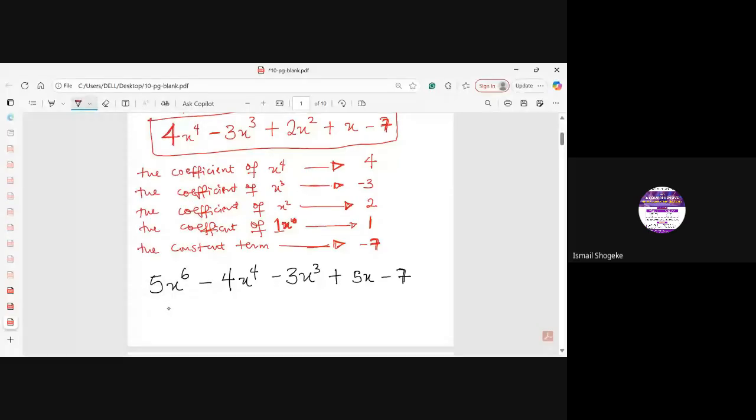You tell me the coefficient of x power 6, coefficient of x power 4, coefficient of x power 5, coefficient of x power 3, coefficient of x power 1, and let's say x, coefficient of x power 2, then you tell me the constant term. So arrange it like this. First, second, third, fourth, fifth, sixth, seventh. Quickly. So I think we can do this in 3 minutes.